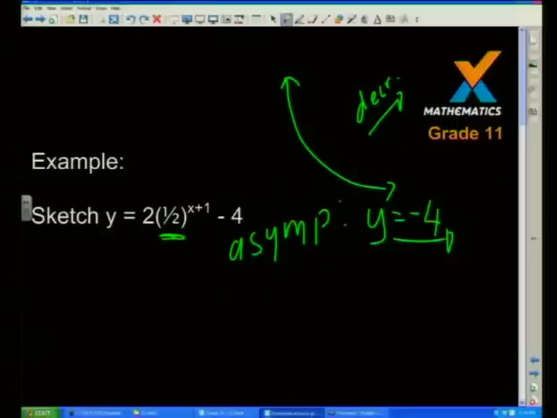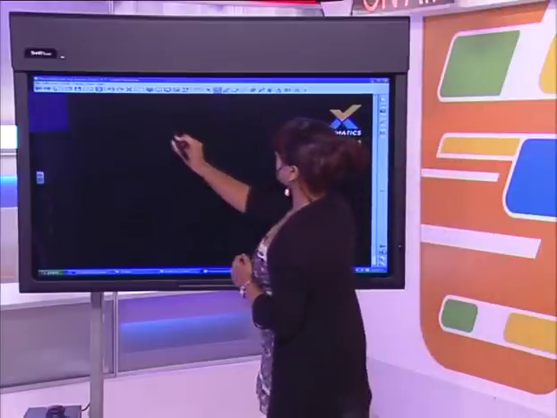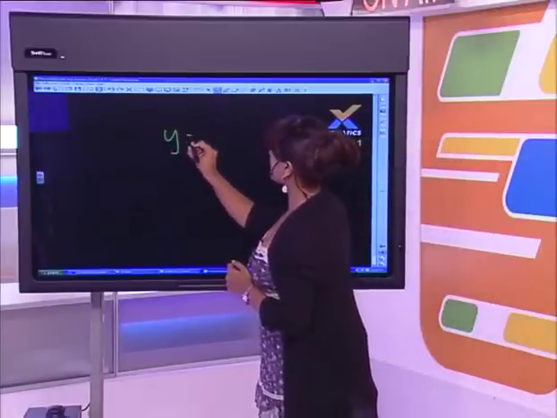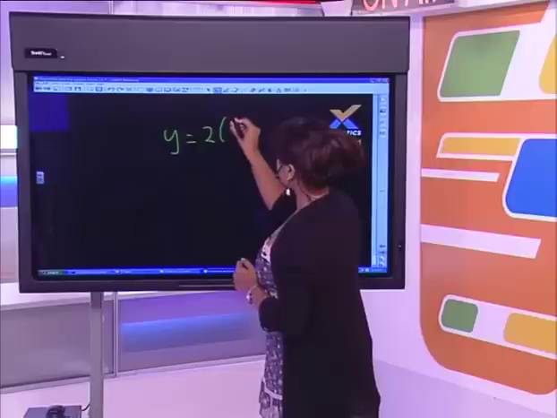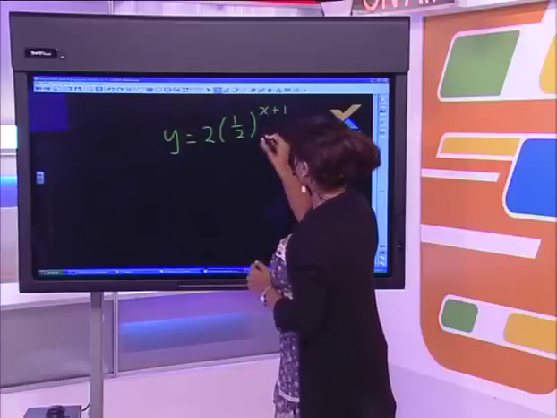All right. We're also going to need to work out the x and the y-intercepts. But because I have used this page to do the other example, I'm going to quickly transfer everything over to the next page. So the question we were dealing with is y is equal to 2 times a half to the power of x plus 1, minus 4.